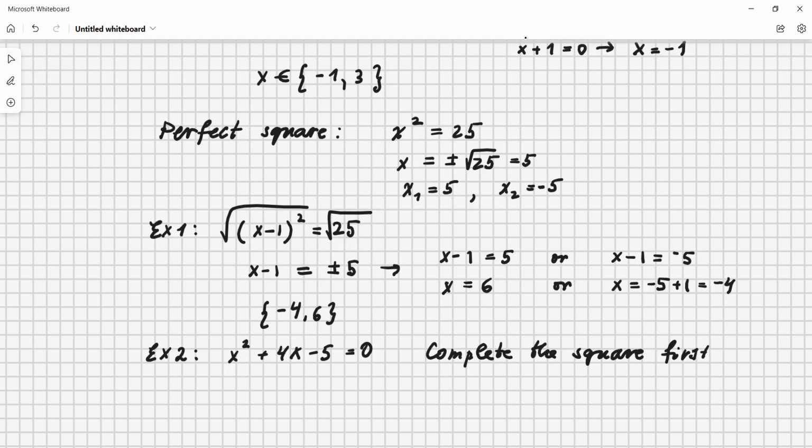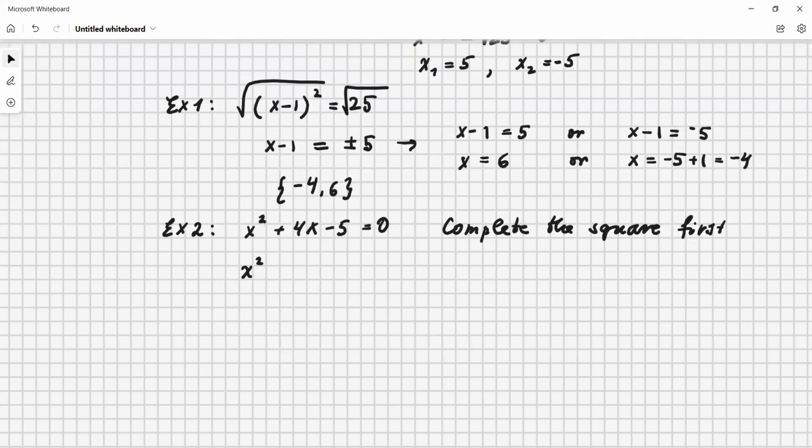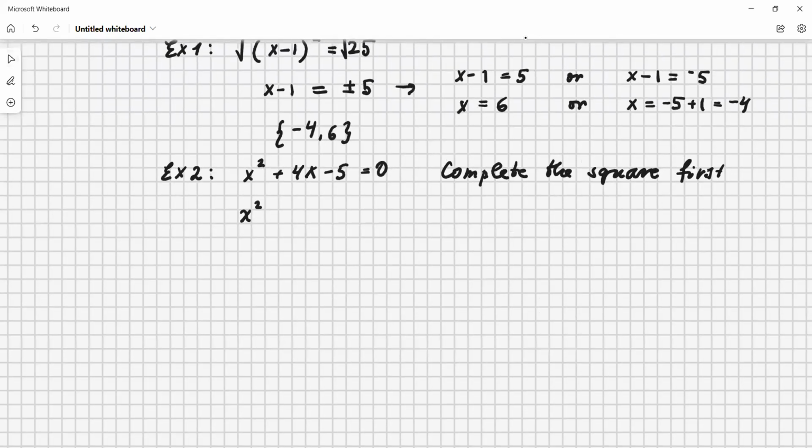How do we complete the square? We are expecting a perfect square here. The perfect square formula is (a plus b) squared equals a squared plus 2ab plus b squared. So we need 3 terms. My a is already known because that's x squared, so a is going to be x.